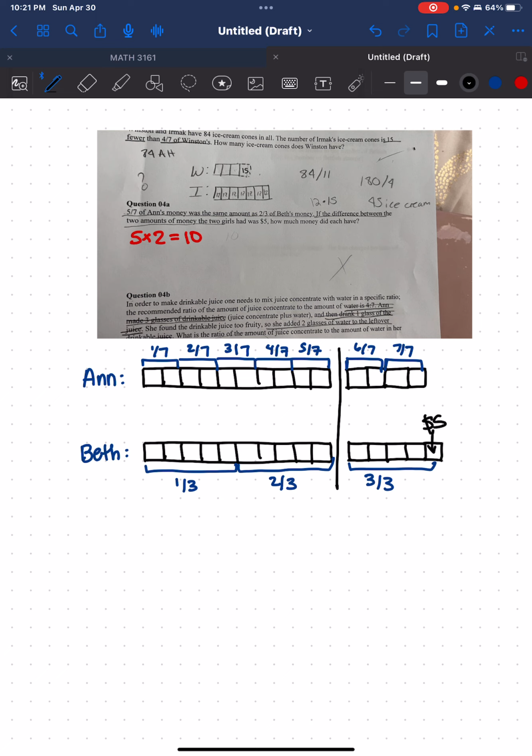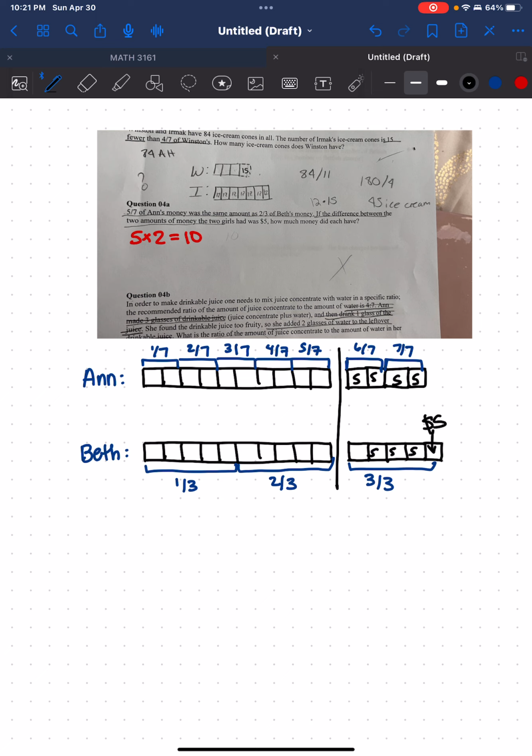And now that I know that, I can safely say that each box here, because remember, they're all equal amounts, each box is going to be $5. So it'd be 5, 5, 5, 5, and so on.